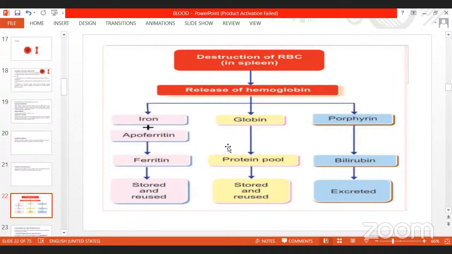The globin part, which is a protein, enters the protein pool and is stored and reused. And porphyrin is converted to bilirubin, and this bilirubin is excreted. These are the end products of destruction of RBC.